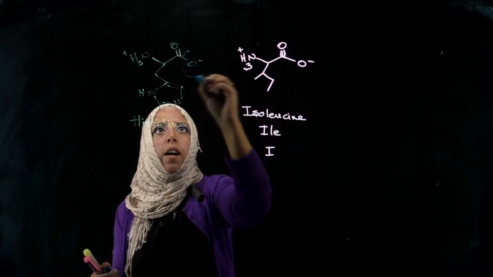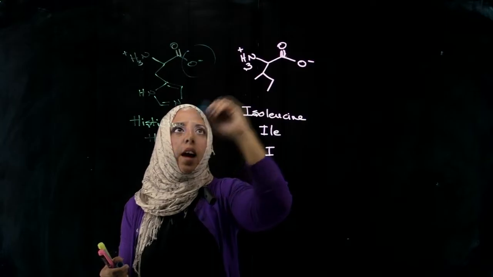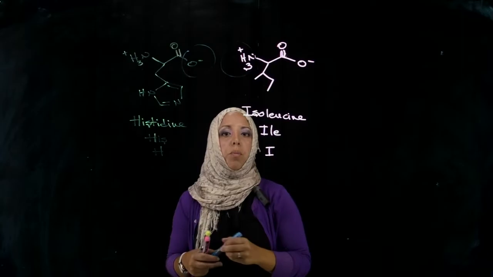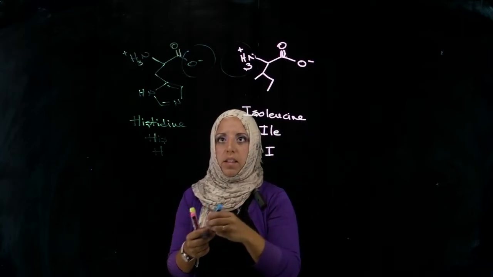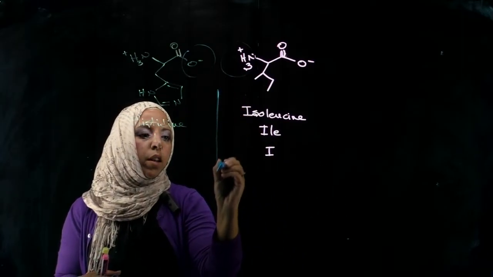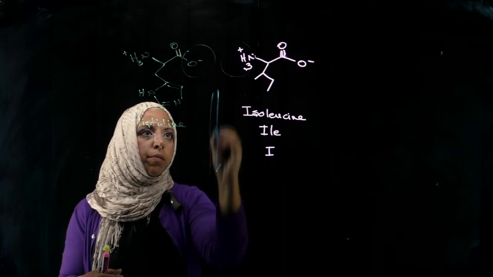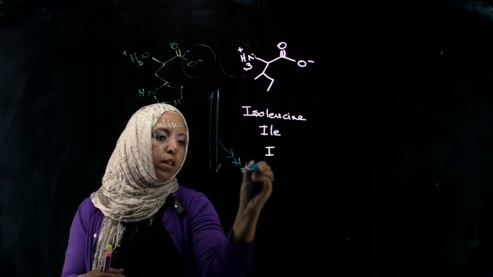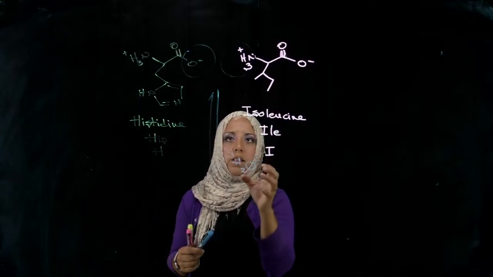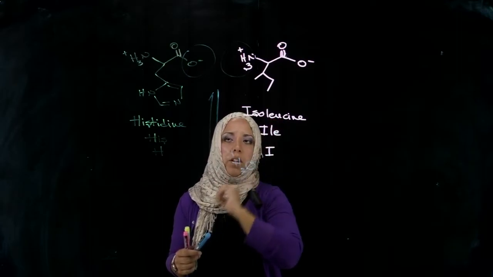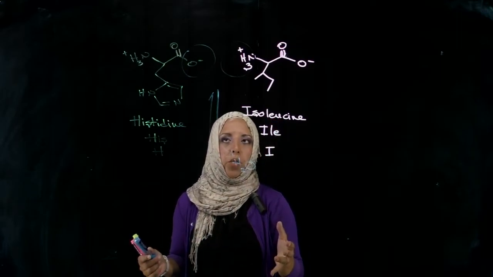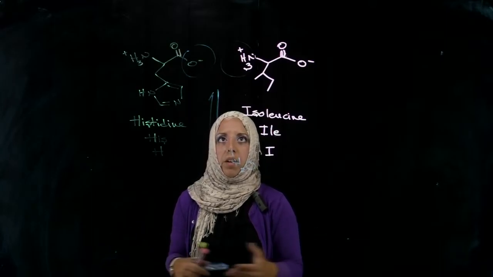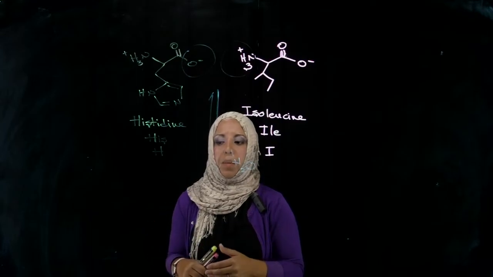You have the oxygen from the carboxylic acid group and the protons from the amino group of an adjacent amino acid, and those two react to lose a water molecule. So it's a condensation reaction. Through the loss of a water molecule, a peptide bond is formed, which you may know more as an amide bond. One example of an amide bond is a peptide bond.